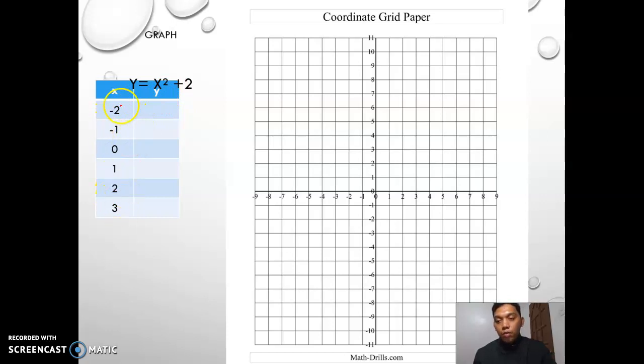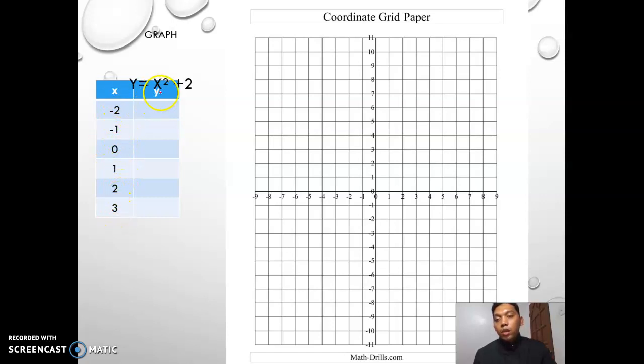You have random values of x. It doesn't necessarily need to be consecutive, but I use consecutive values now: negative 2, negative 1, 0, 1, 2, 3.